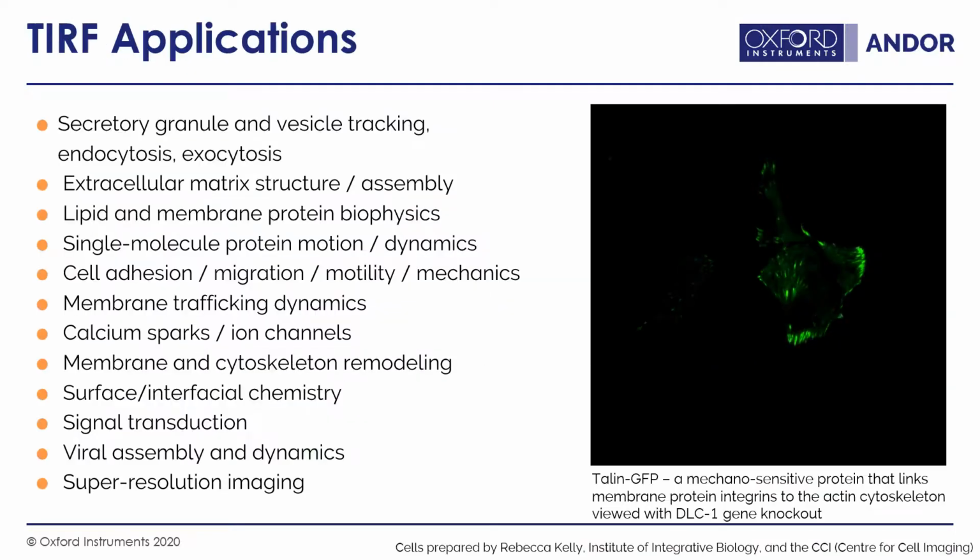I'd like to now focus on some specific applications of TIRF microscopy. Here's a list of the main cellular processes and structures that TIRF excels at observing. This includes secretory granule and vesicle trafficking, endocytosis and exocytosis, extracellular matrix structure and assembly, looking at lipid and membrane protein biophysics, single molecule protein motion and dynamics, cell adhesion, migration, motility and mechanics, or even membrane trafficking dynamics.